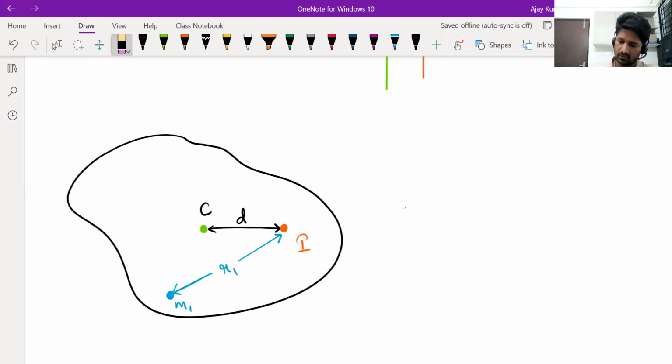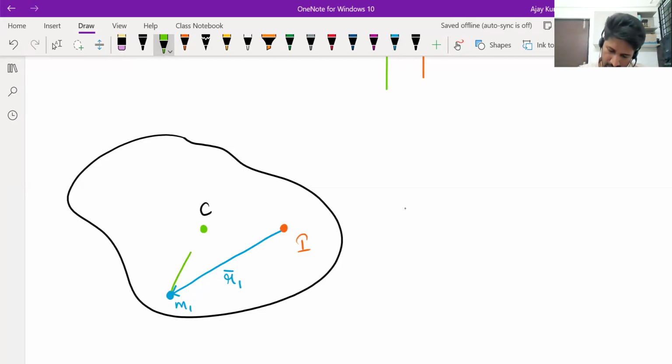So what we are going to do is form a vector triangle here. Let's take this position vector as r1. That is the position of the particle m1 with respect to the orange point. And let's take another position vector from here to here.